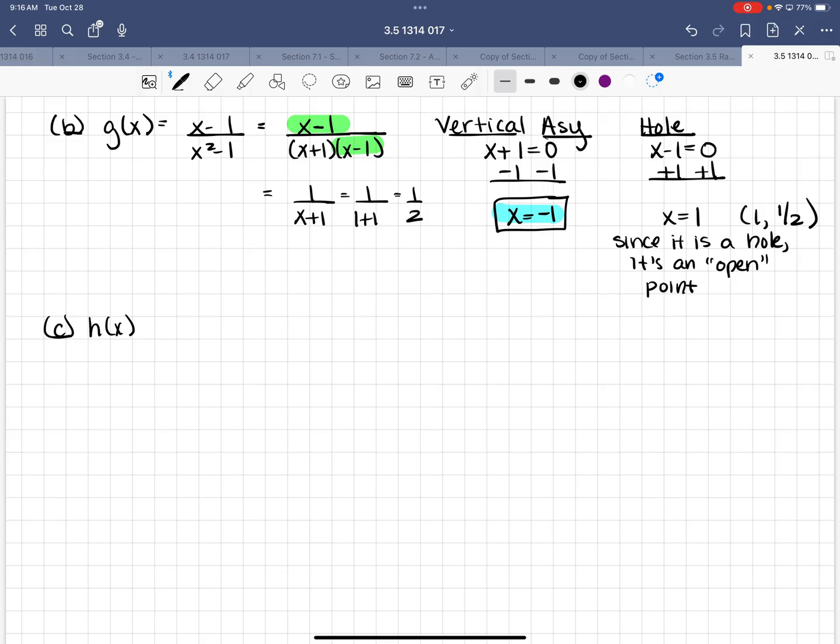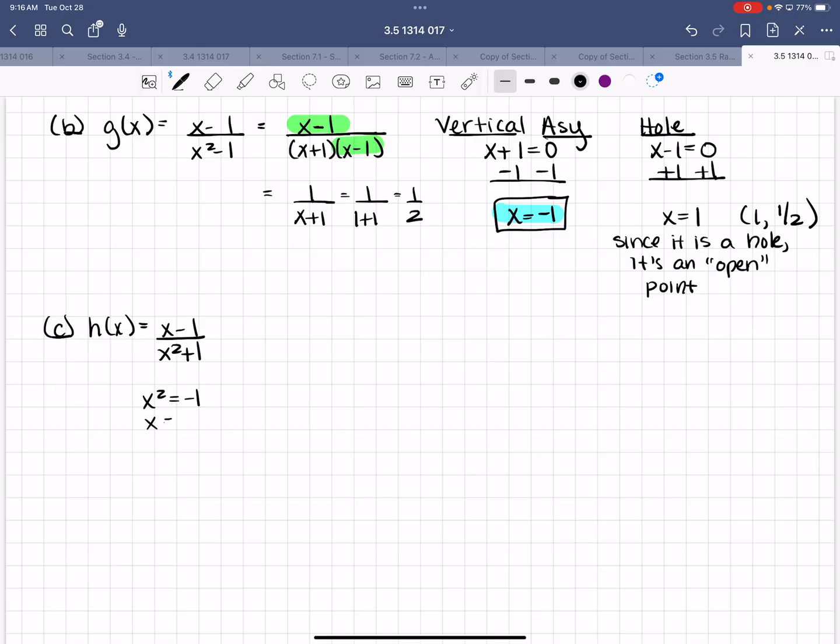H of x equals x minus 1 over x squared plus 1. Okay, well, can we factor x squared plus 1? We can't because, look, if we were looking at the domain for that and we set that equal to 0, I'd get x squared equals -1.